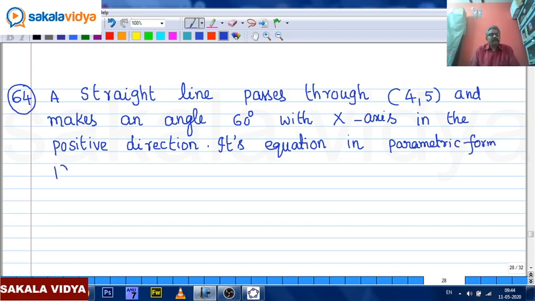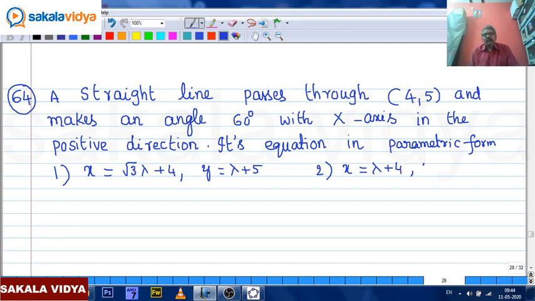First option: x is equal to root 3 lambda plus 4, where lambda is the constant or parameter, y equals lambda plus 5. Second option: x equals lambda plus 4, y equals root 3 lambda plus 5.